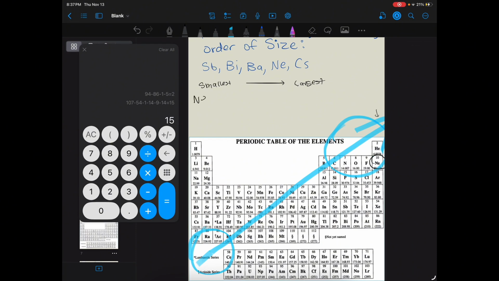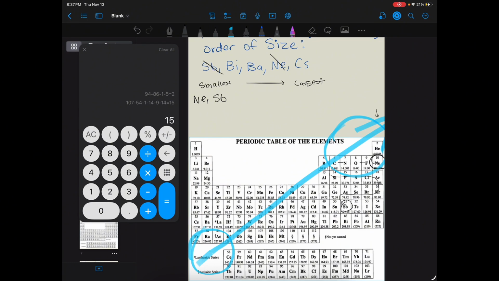So we would just write NE and then just cross that off. Next, we would want to see what's the next one that's over on the top right most. So we would scan, and we would see, oh, SB is pretty right, on the far right. So we would do SB as our next one.